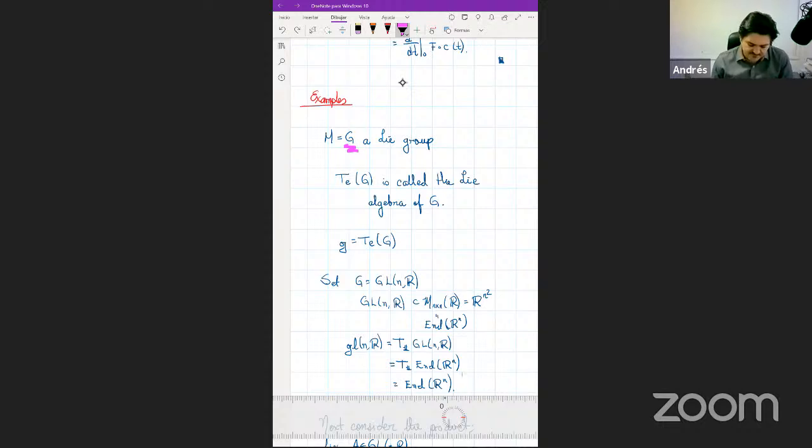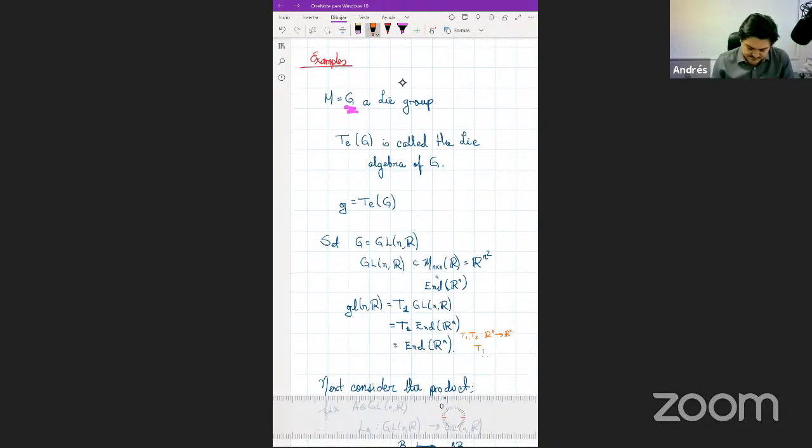So you have two linear maps, then composition is the product when we have the algebra.